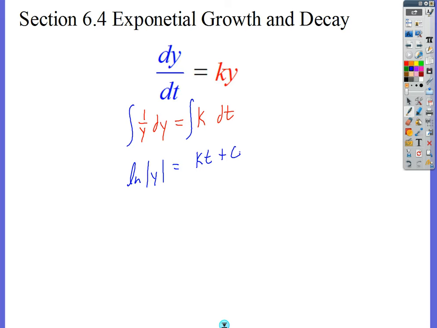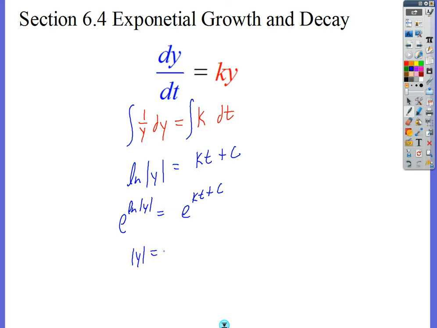Now I'm going to solve for y. How do I solve for y? You raise each side to the e. So e to the natural log of the absolute value of y is equal to e to the kt plus c. e raised to the natural log of anything is that anything.